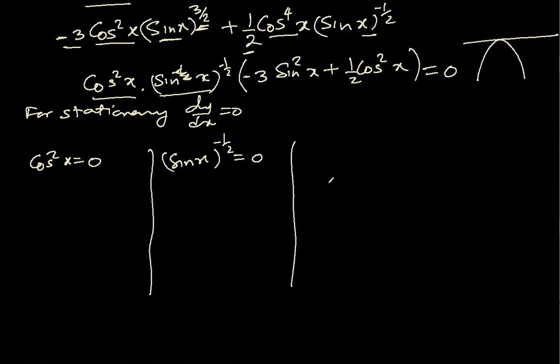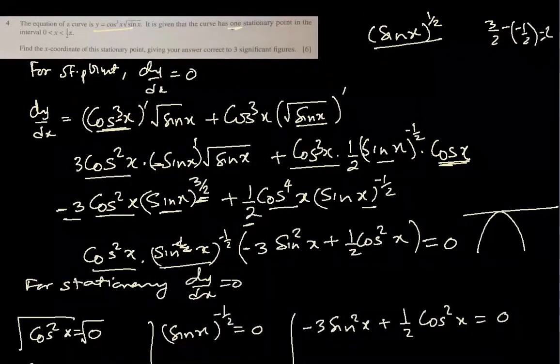So let's look at them one by one. Square root both sides. Cos x equal to 0. So x equal to cos inverse 0. And the domain they said was from 0 to half pi. So let's draw the graph of cos for 0, 1 and minus 1. We should always draw the graph. That gives us a good answer.